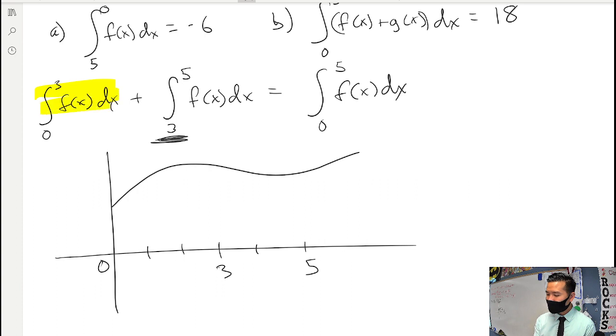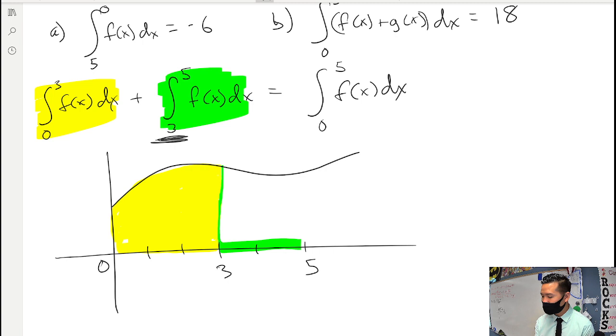If I did this from 0 to 3, would you agree that that's this area? This one gives you the area from here to here. Pretend that you don't understand it yet until I finish coloring it all in. It's kind of hard to see until you see it.